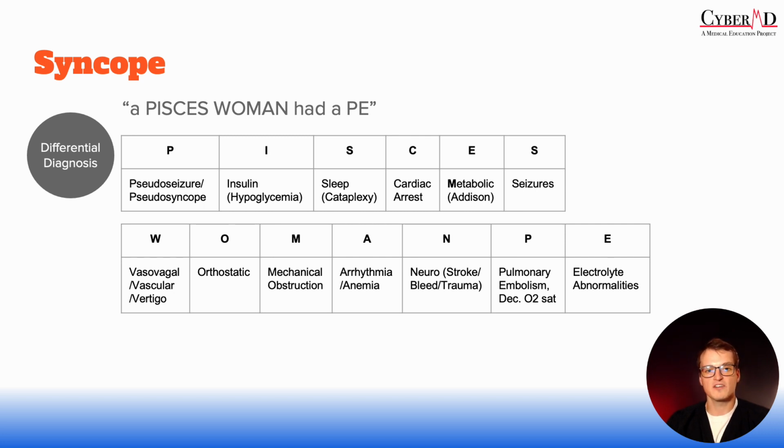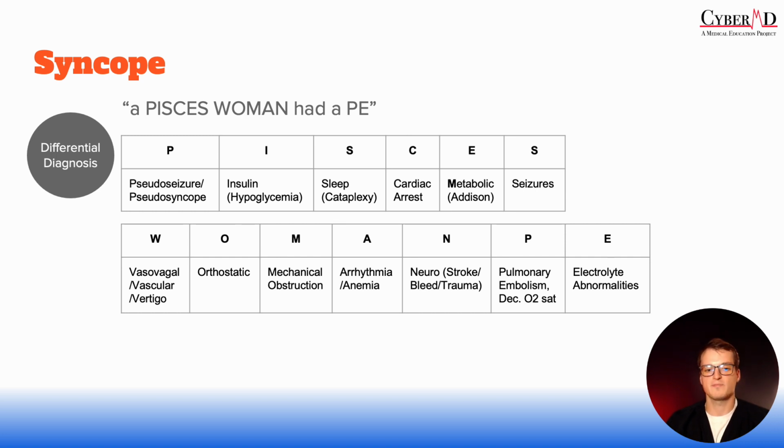And then we talked about cerebrovascular causes of syncope in this lecture. We talked about vertebrobasilar insufficiency as well as stroke, but also trauma to the head can cause a syncopal event, as well as brain bleeds, so epidural hematomas, subdural hematomas, subarachnoid hemorrhage. Those sorts of things can also expand.